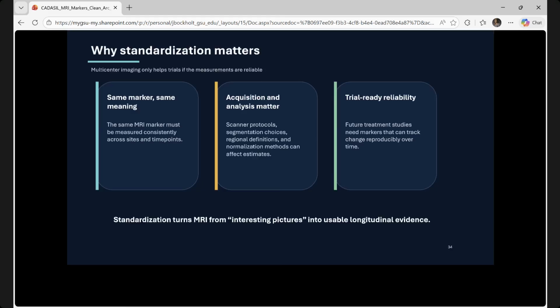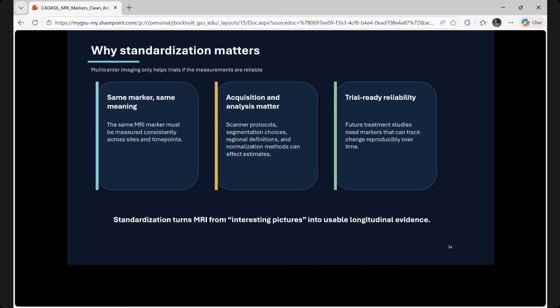So standardization of generating these markers is incredibly important. We want the same marker to have the same meaning regardless of where it's collected, how it's collected, and how it's analyzed, and eventually be able to collect it anywhere and generate the same marker result. Part of what we're doing in our consortium is that very thing.